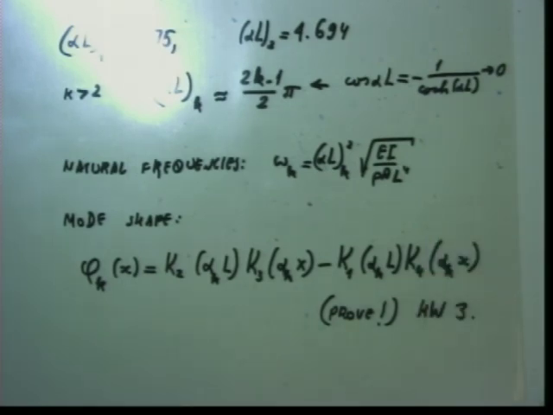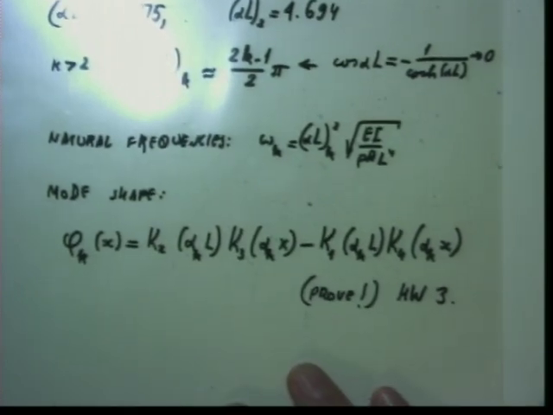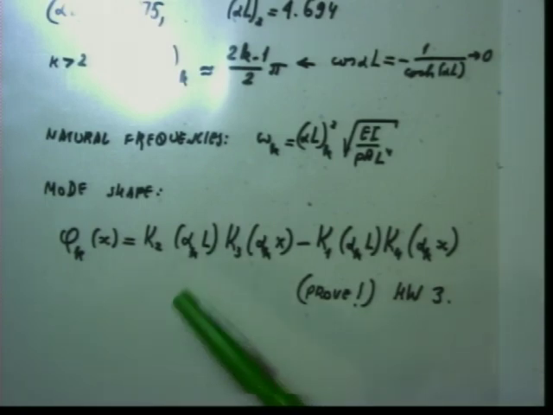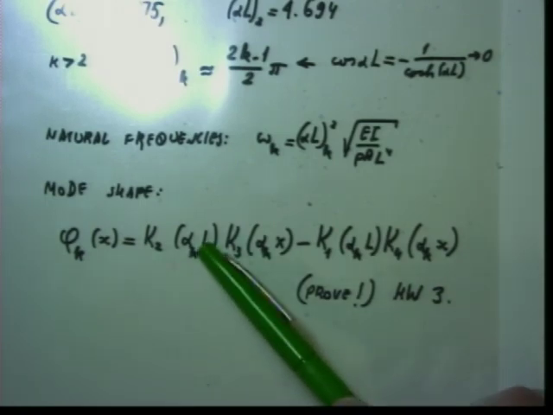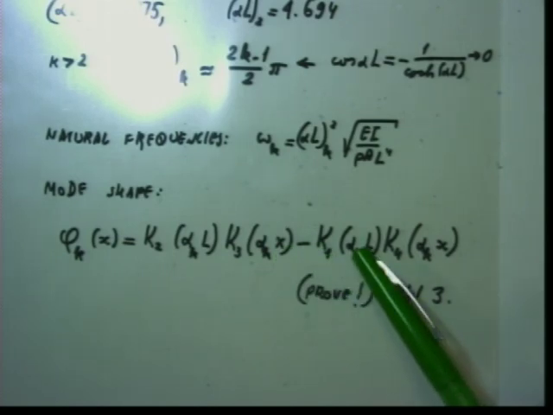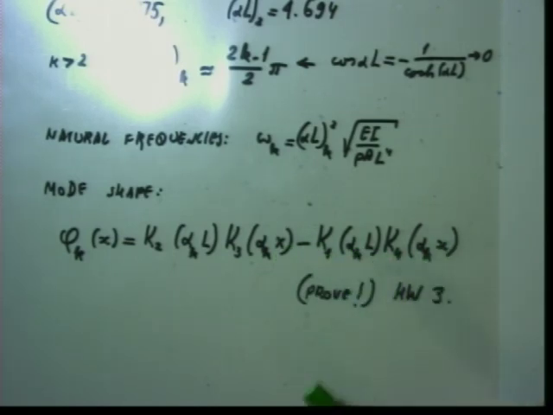So then we have the mode shape. Please write down the mode shape. So that is K2 alpha KL, K3 alpha KX, minus K1 alpha KL, K4 alpha KX. Prove.